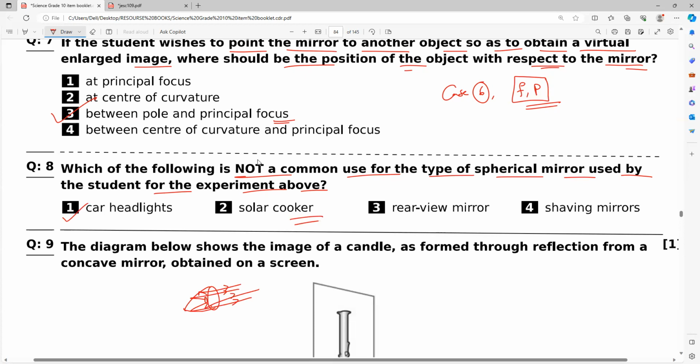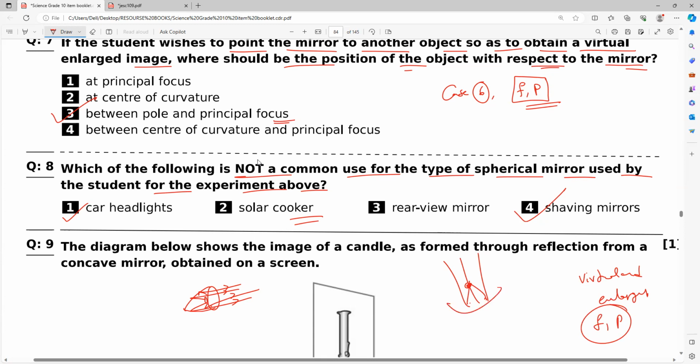Next, solar cooker, yes, all the parallel light has to be focused at a point so that it increases the heat. Shaving mirrors, yes, we have to see a virtual and enlarged image, because when the object is between pole and focus, we get a magnified and virtual image. Am I right or wrong?